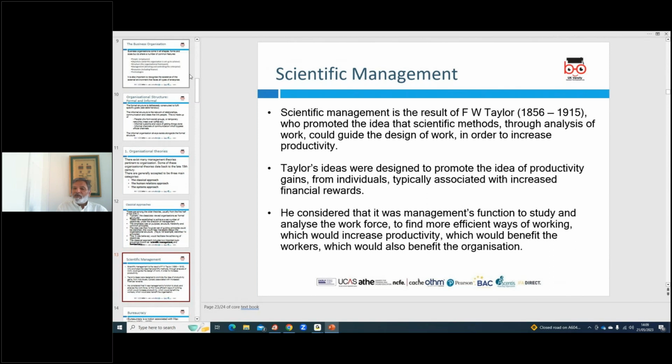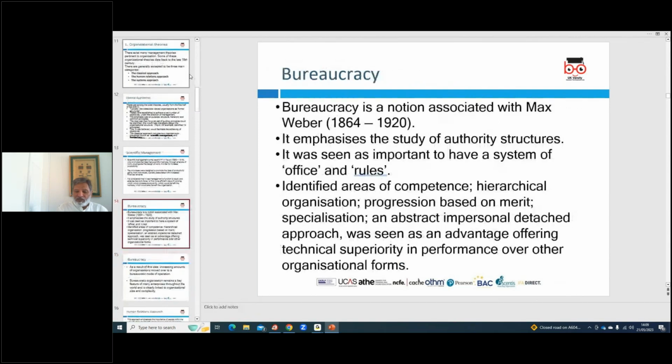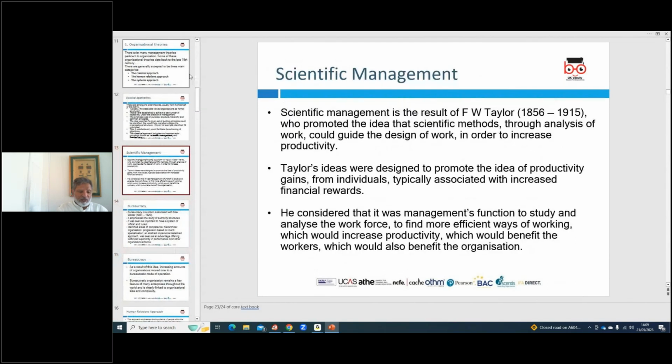Okay, he promoted this activity called scientific management, or time and motion study, in order to study people. He came up with the idea that if you divide these tasks into different bits, people will get more productivity per employee because they become specialists in them.